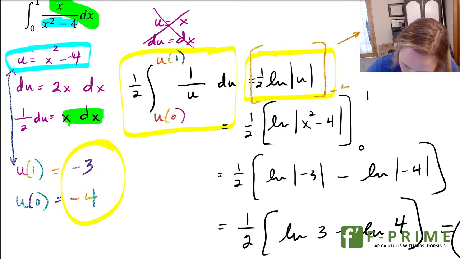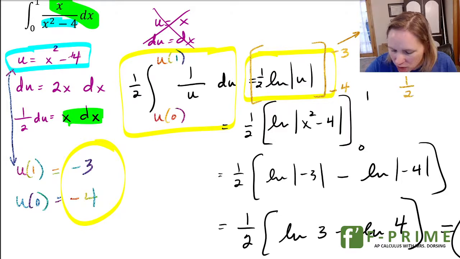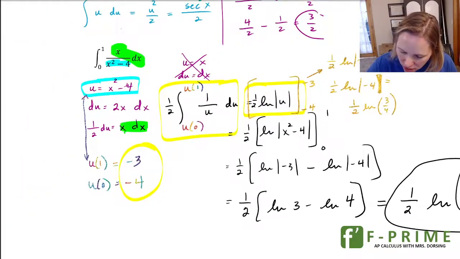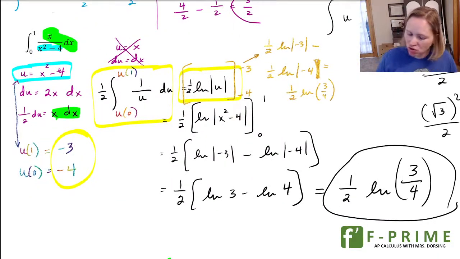We'll say from negative 4 to negative 3, you'd have the natural log of the absolute value of -3 minus 1/2 times the natural log at -4. That should look familiar. When you do the absolute values, you end up getting the same result, 1/2 times the natural log of 3/4, which is exactly what we got when we replaced it. So there is a shortcut around it.